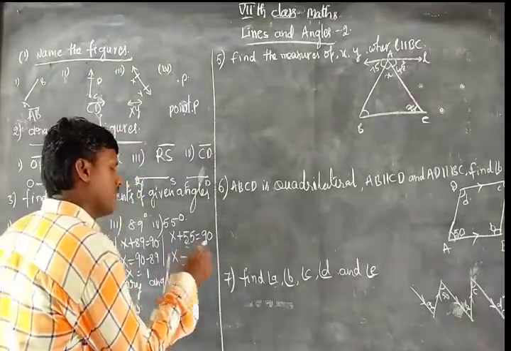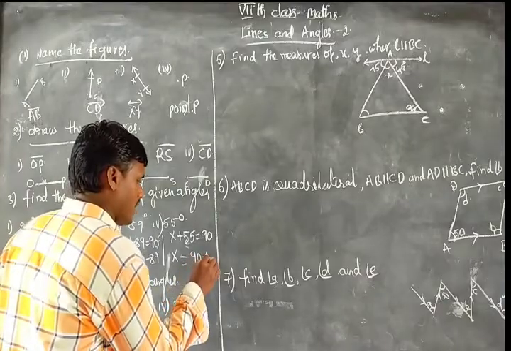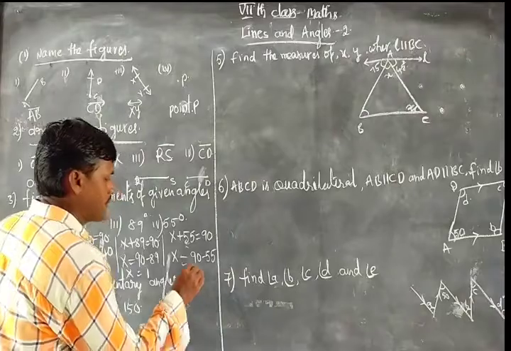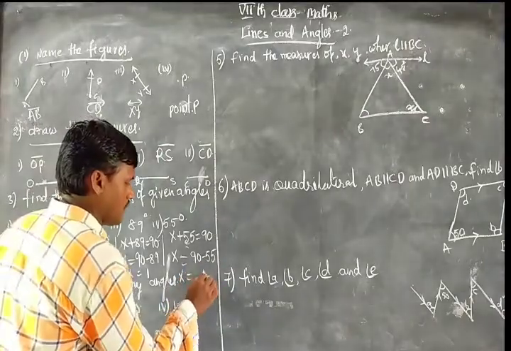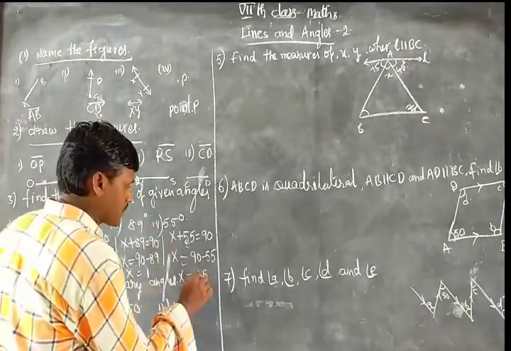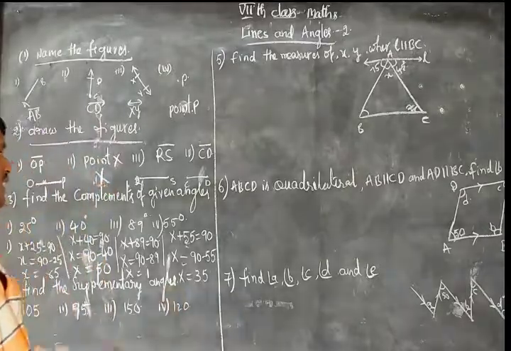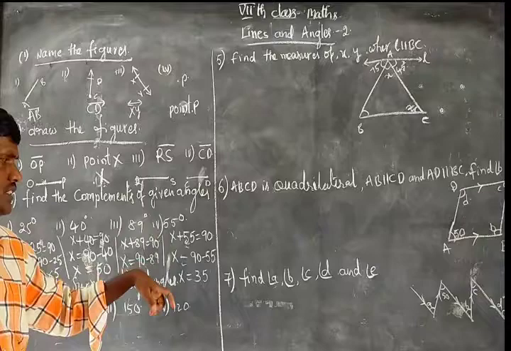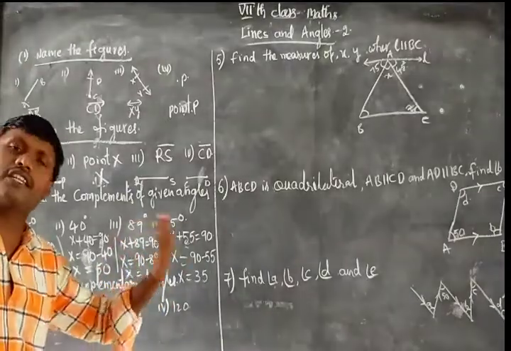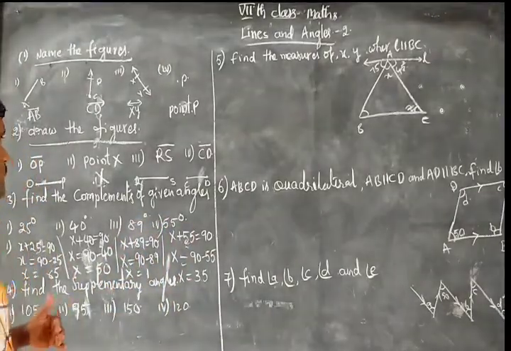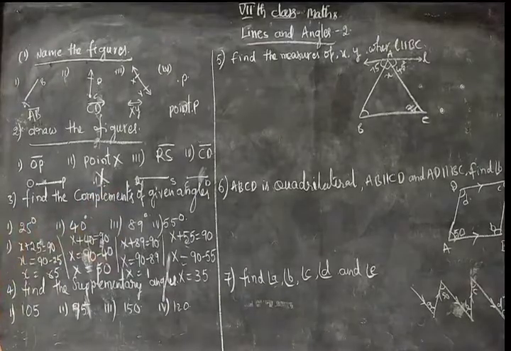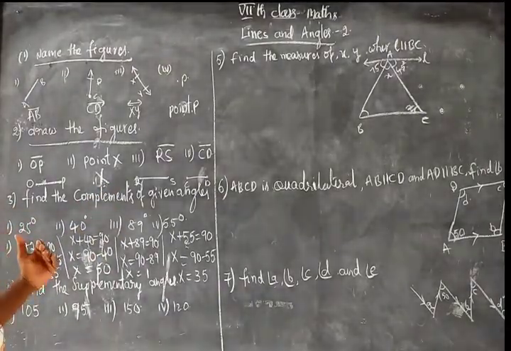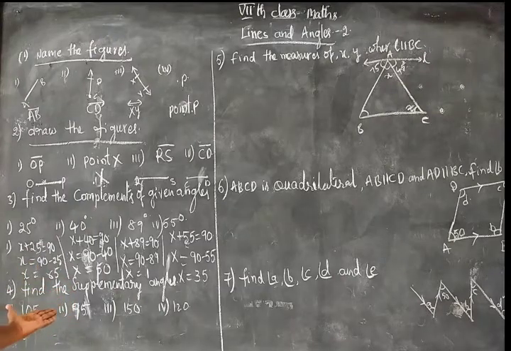Transpose plus 55 to the right side. 90 minus 55, the difference between 90 and 55, is 35. We got 35. One angle is given, so easily by using this angle we can find the other angle. Complementary means the sum of two angles equal to 90 degrees. We did learn that. And as well, we have to find the supplement.